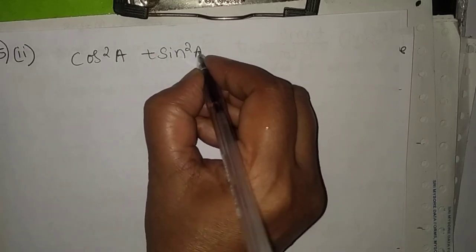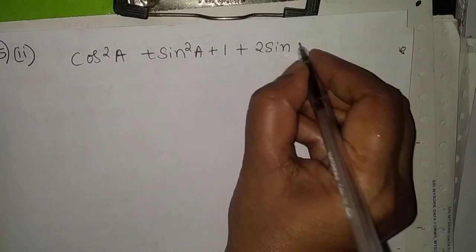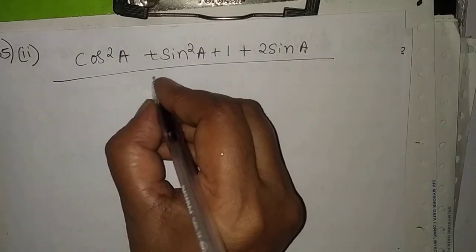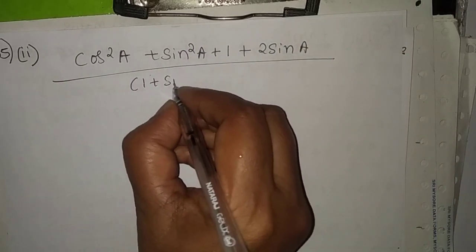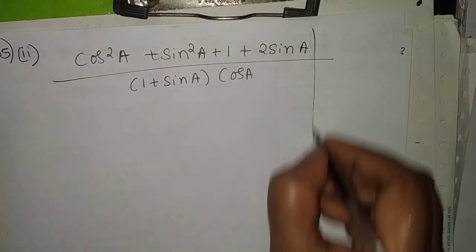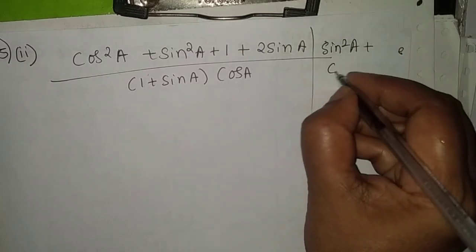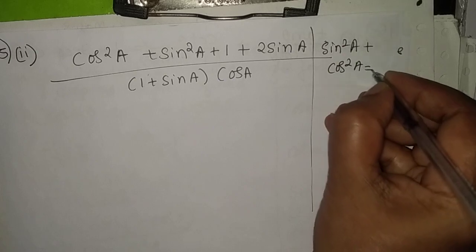We'll continue here. I'll write once again where we stopped. By applying A plus B whole square, this was cos square A plus sin square A plus 1 plus 2 sin A. The denominator was 1 plus sin A into cos A. Now we have to apply sin square A plus cos square A is equal to 1.